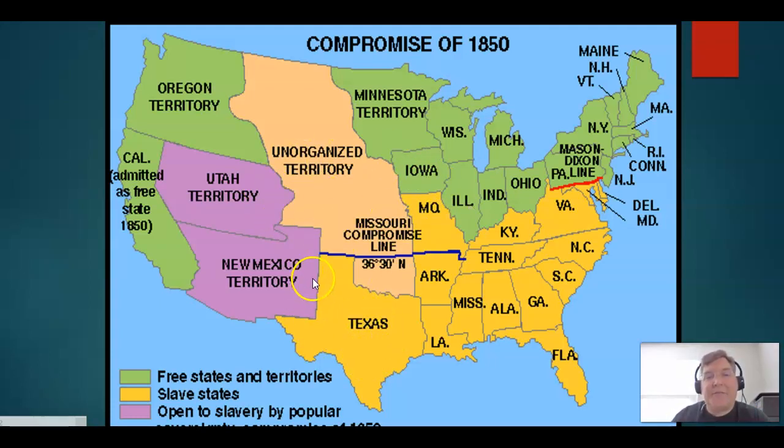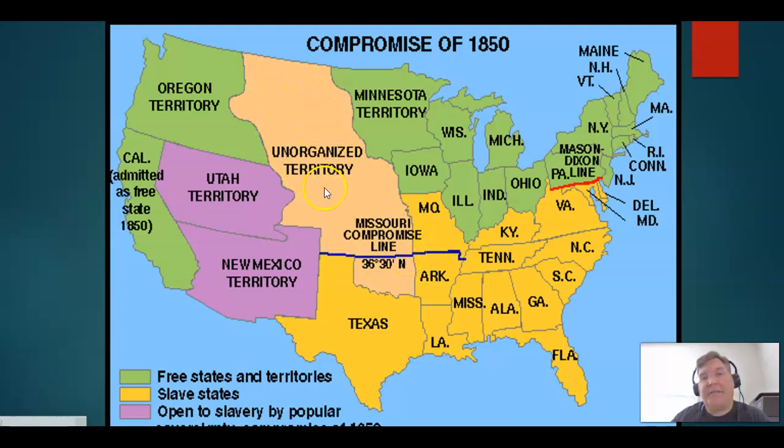Okay, so Texas is resolved and its border sits like this. Utah and New Mexico territory just means that it's not yet a state. It's part of the United States, but it does not have the population to become a state yet. California comes in free. The Missouri Compromise line is sort of still there.